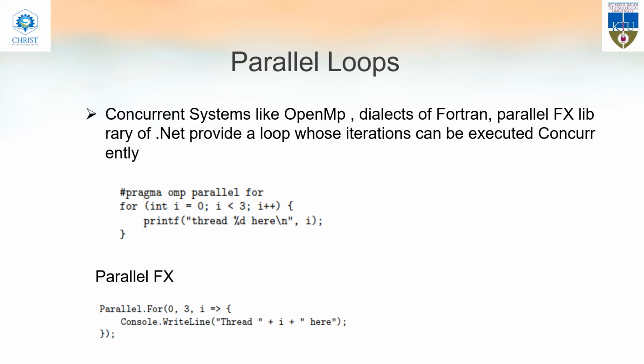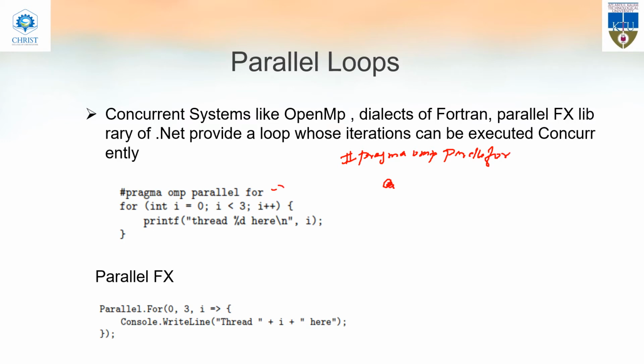For example, let there be a function called a. This is how you write pragma omp parallel for. I am writing just a function. For that I'll be writing hash pragma omp parallel for.